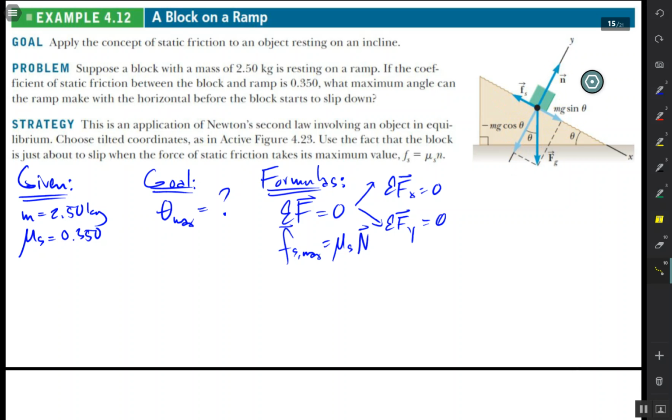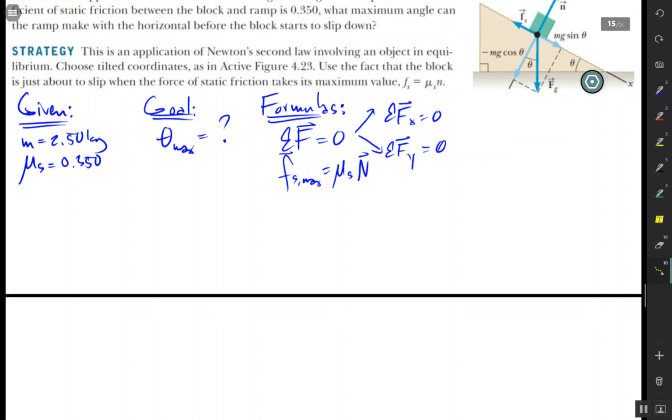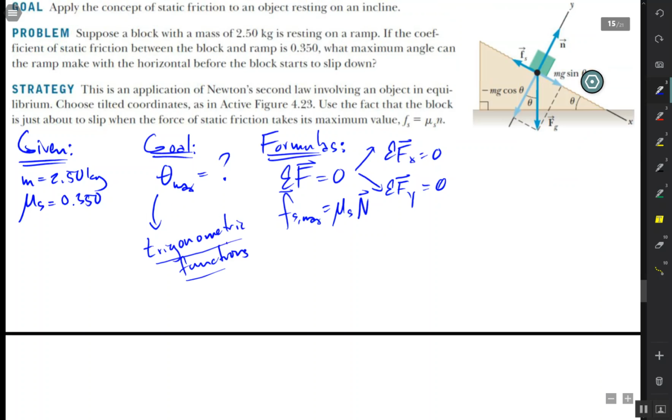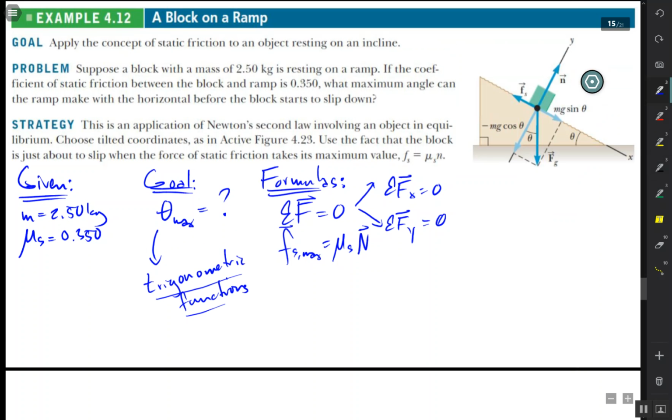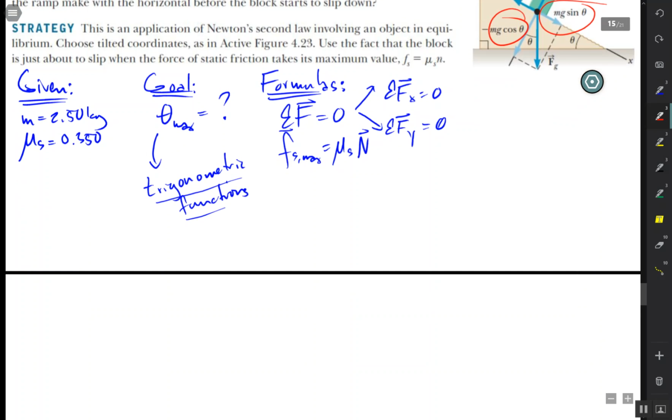And so how do we use that to solve for theta? Where does theta even come from? I'll give you a hint that it has to come from one of the trigonometric functions. This is the only place where we have theta, take note. Those two. So that will actually come from those two.